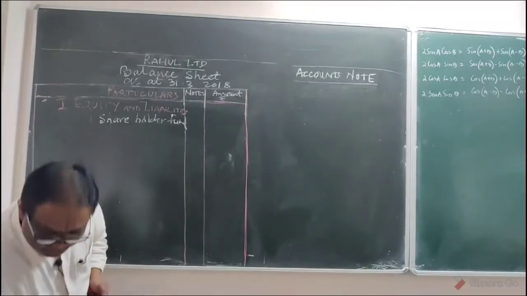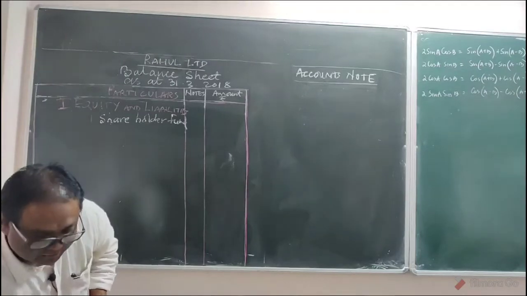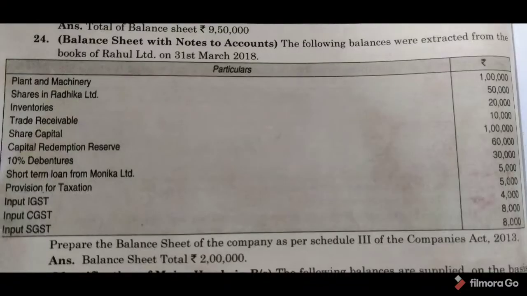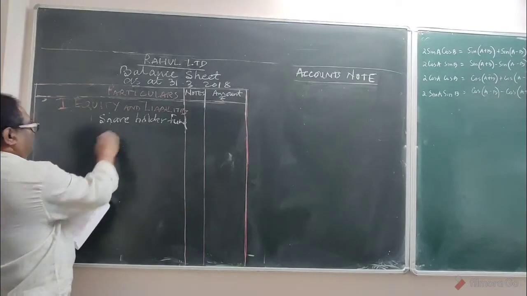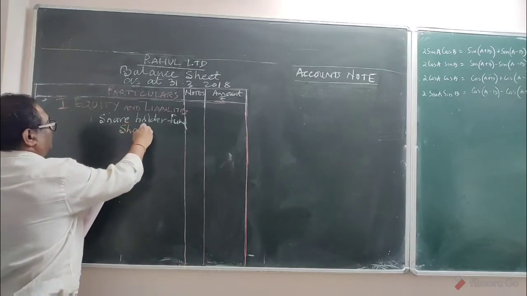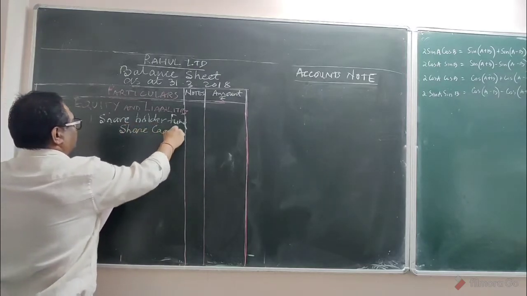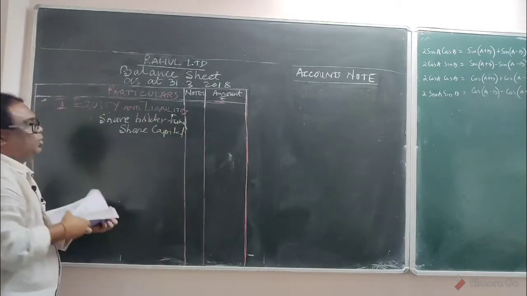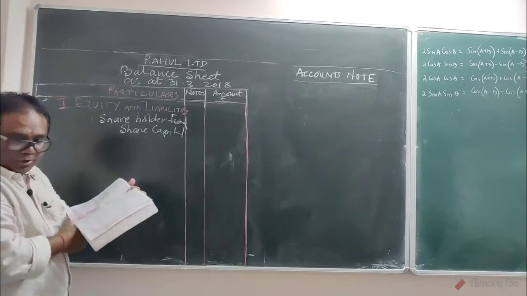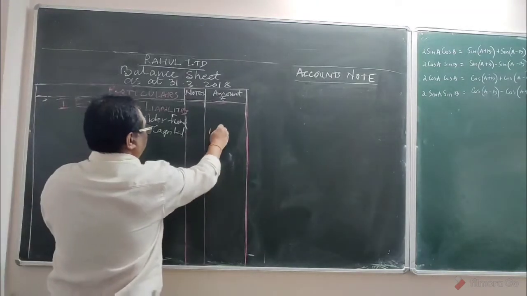As per the question, share capital is given directly, so it will come under the heading shareholders fund. No work is required, so you can directly write the amount: share capital as rupees 1 lakh.